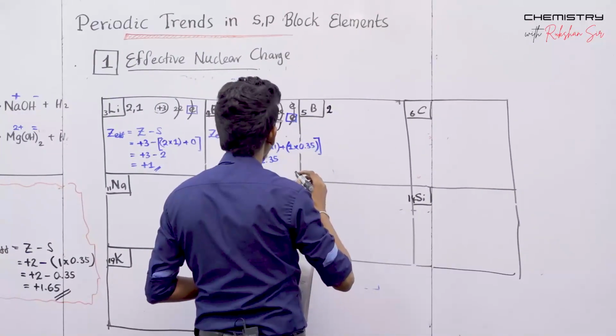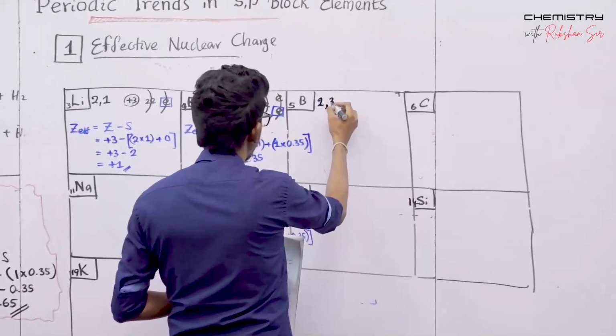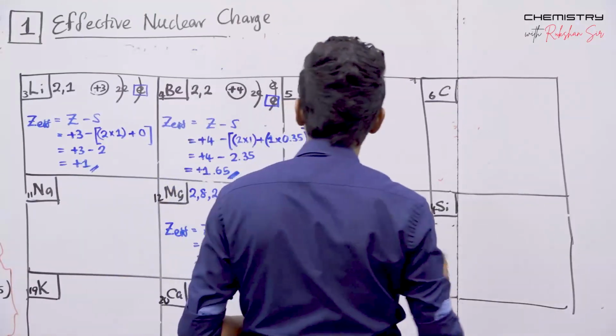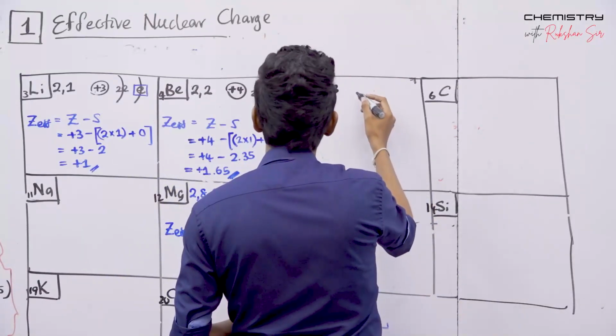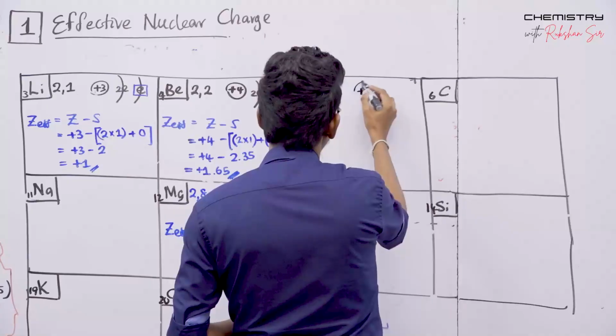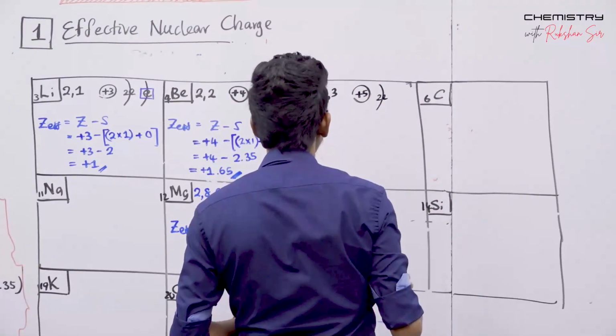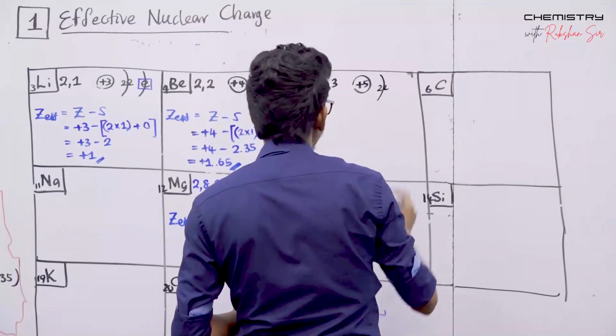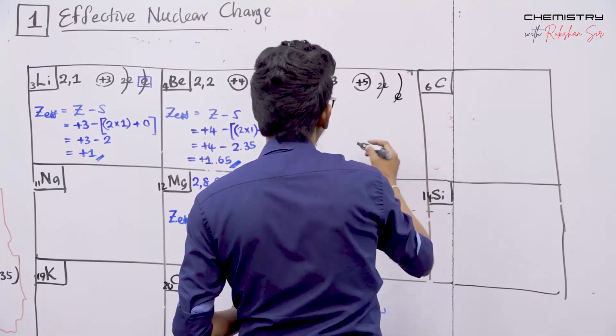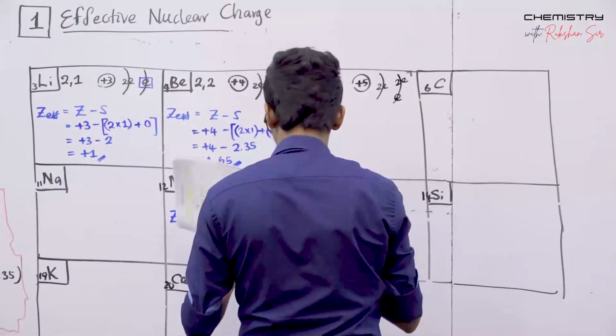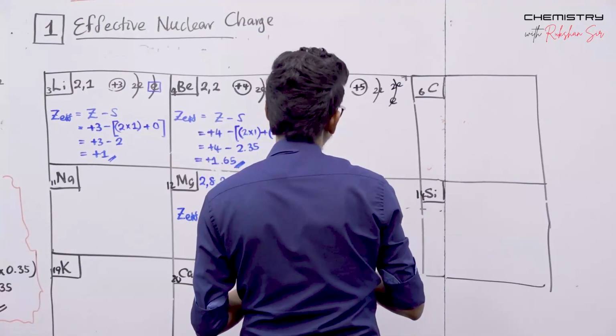For boron, it is going to be 2, 3. The 5 electrons are there. That means plus 5 at the nucleus and 2 electrons in the inner shell, and other than the considered electron, another 2 electrons are there at your valence shell.